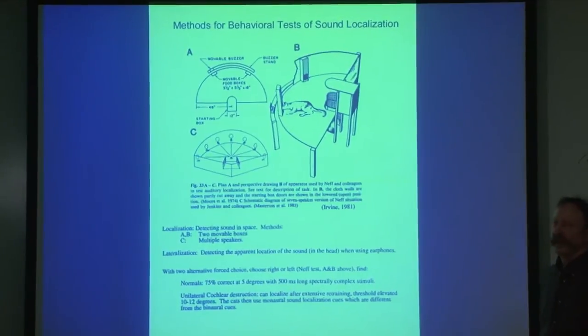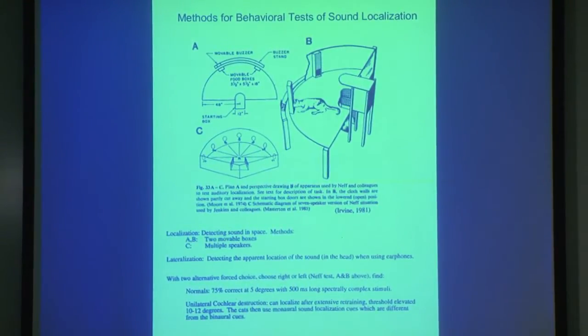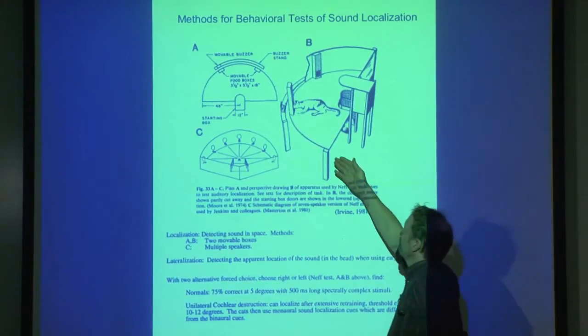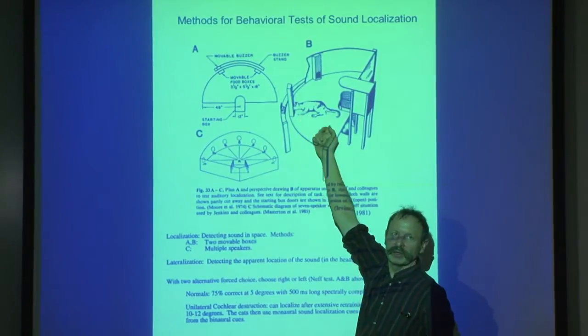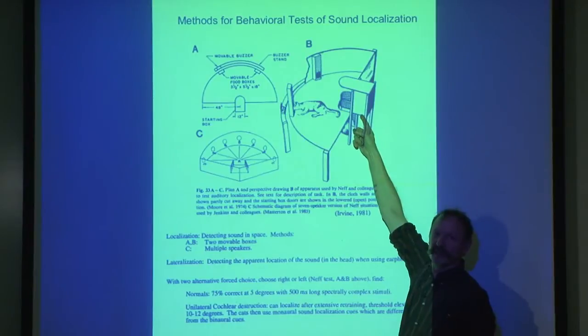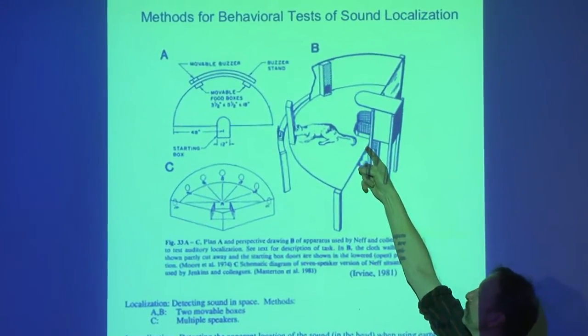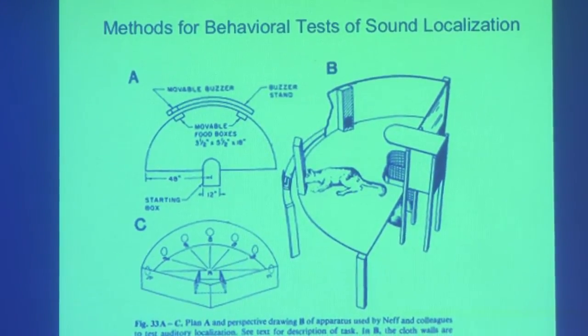So how do experimenters test behaviorally for how an animal can localize sound? Well, this is the formal way to do it. Here's an experimental animal going to a speaker that emitted a sound. Before, it had been sitting in this central position in the testing cage, waiting, maybe cued by a light saying the trial is about to start.